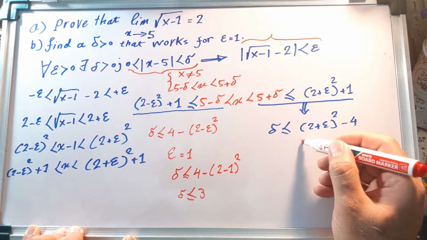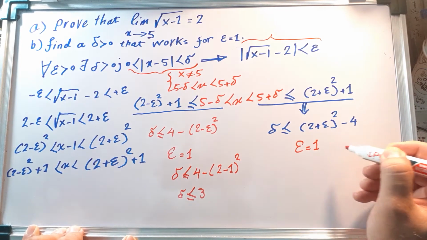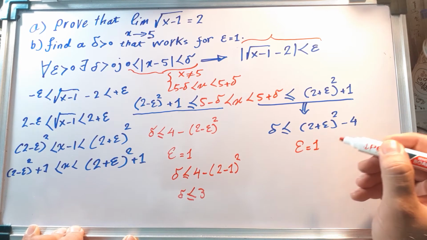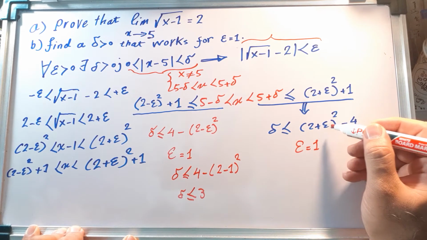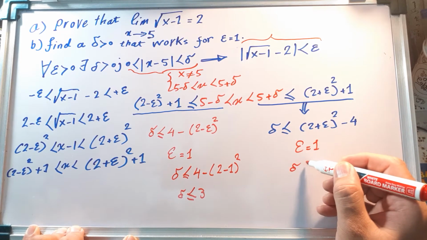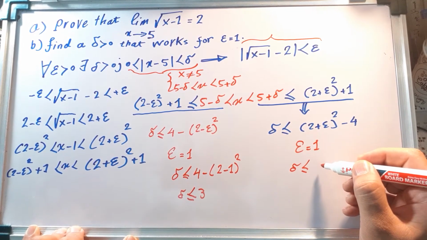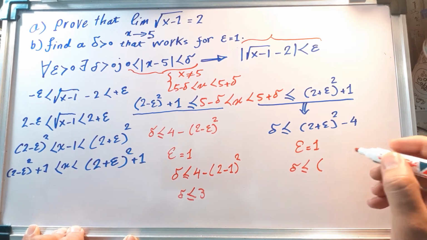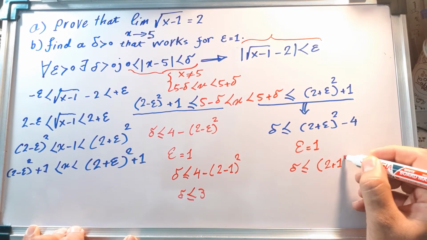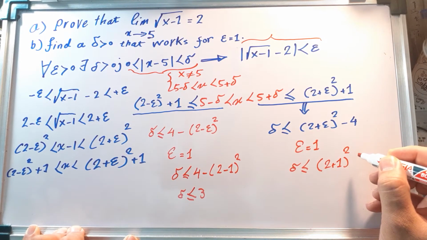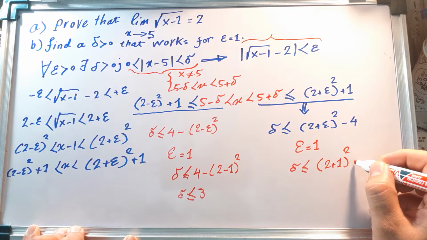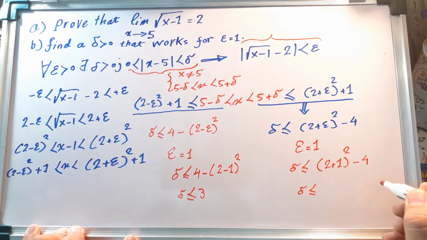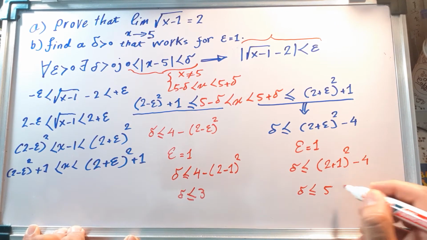And here again by plugging 1 instead of epsilon, delta will be less than or equal to 2 plus 1 to the power 2 minus 4, so it is 5.